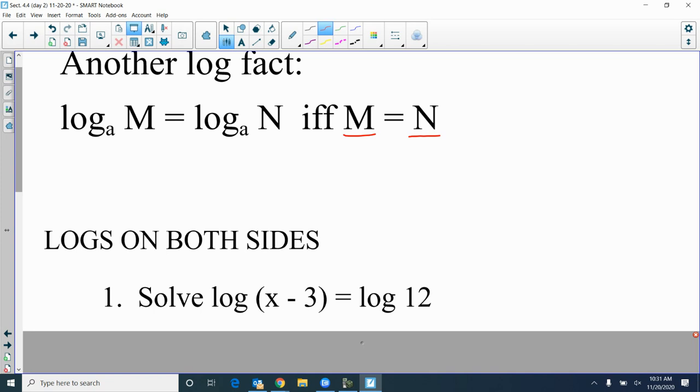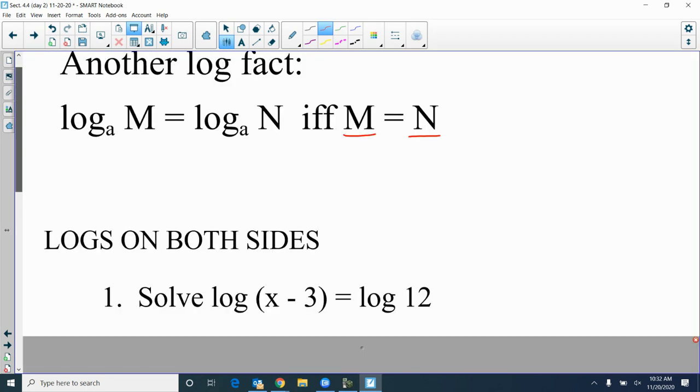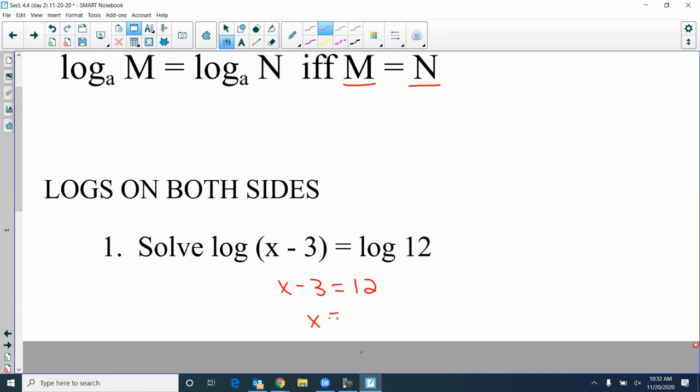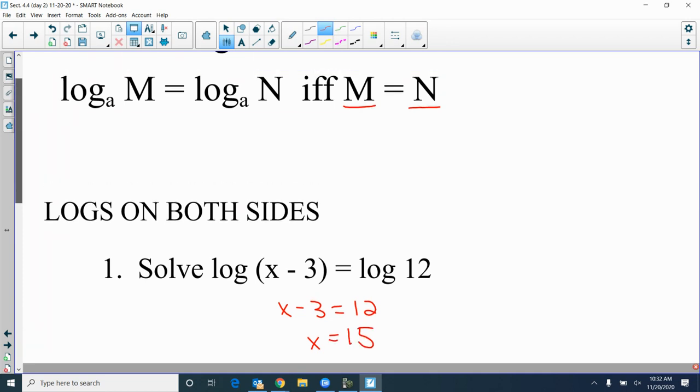Don't make an easy problem hard. If you got the log of something equals the log of something, you just set those two parts equal to each other. And you're just going to start with x minus 3 equals 12. X equals 15. Now, they're not all that easy. You wouldn't want them to be all that easy. All right, so we got x equals 15.